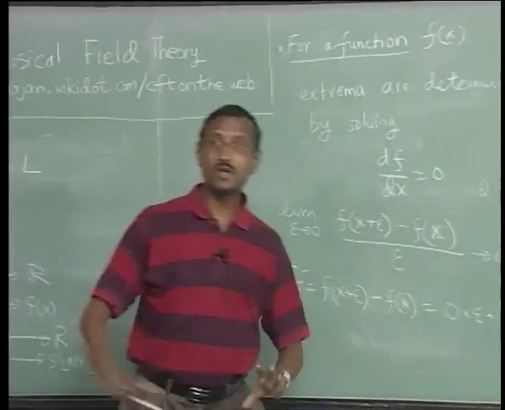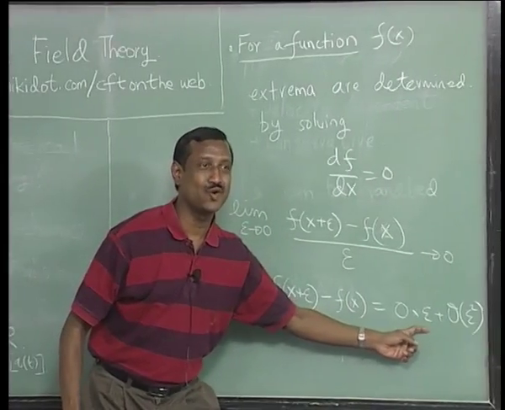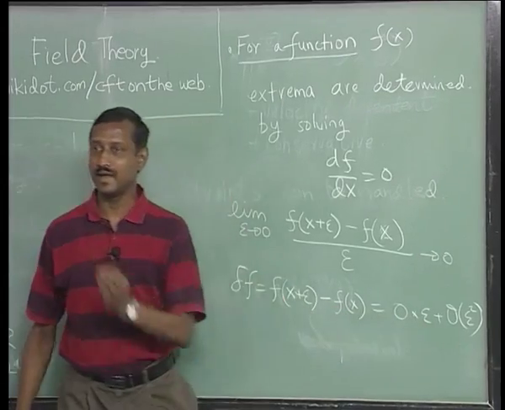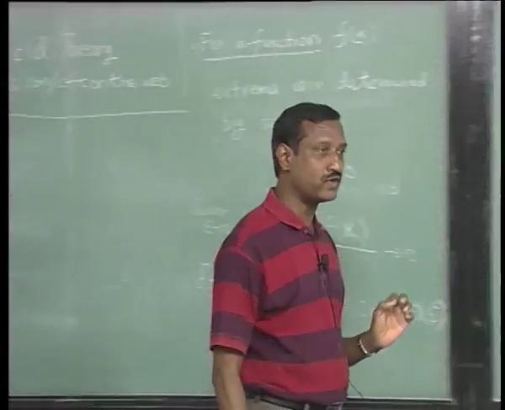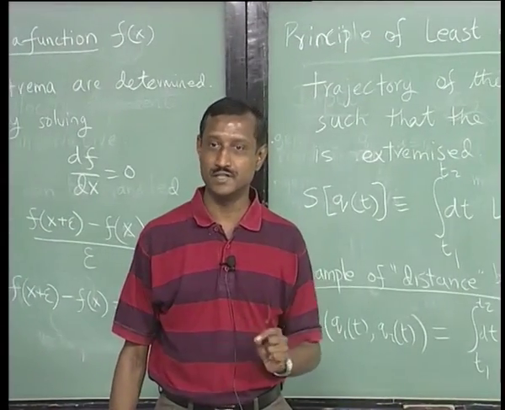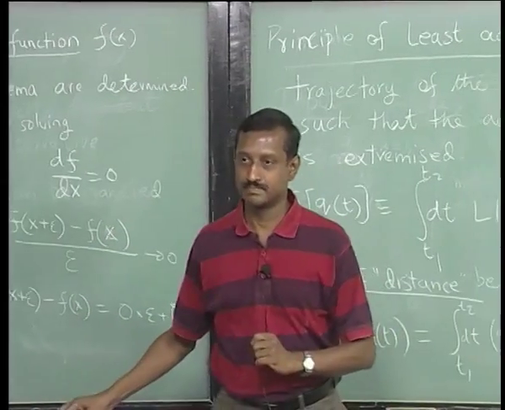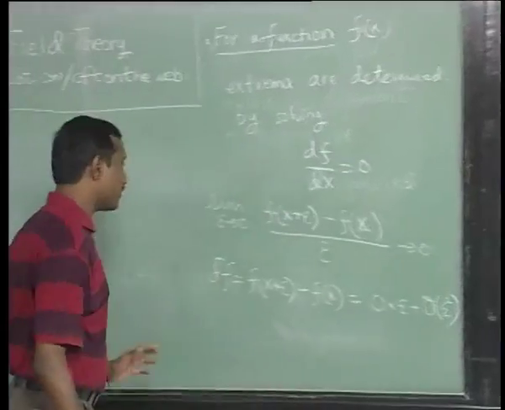But what we will do is what is called formal stuff, where we will just look at the coefficient of a formal parameter epsilon. The statement formal here means that we do not worry too much about issues of convergence, which I must tell you is important, but not for this purpose.